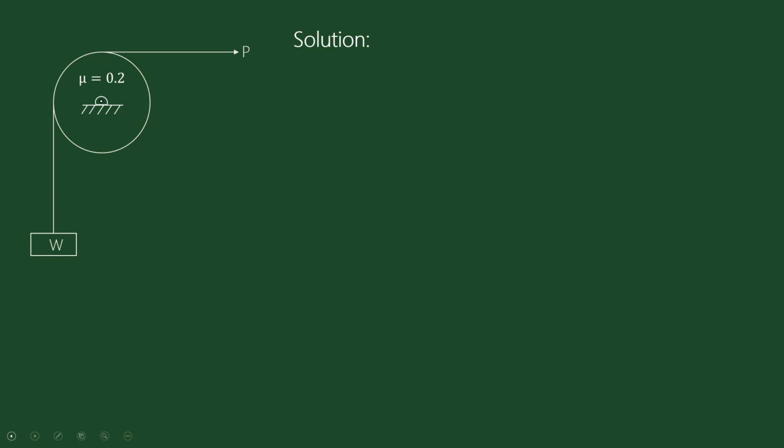So, let us see the solution. First of all we have to write down the value of beta pi by 2, then you can take given value of mu 0.2.